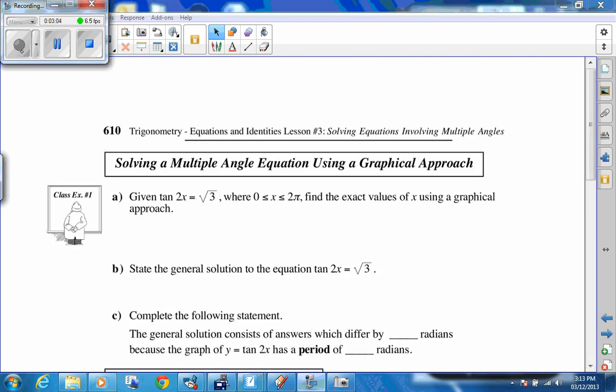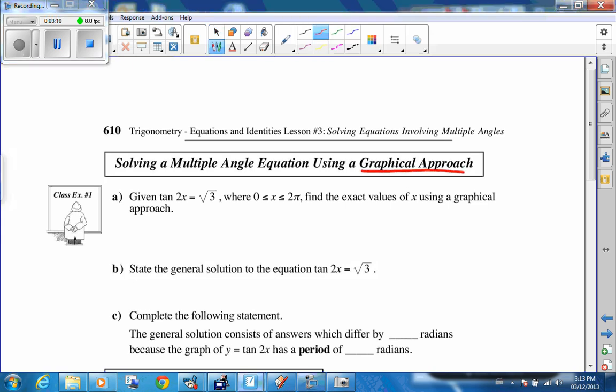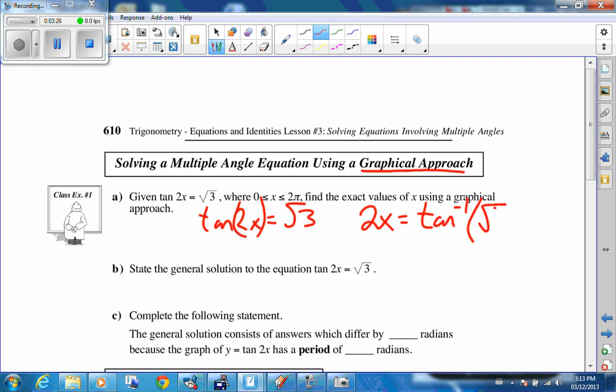And here, on this next example, I have now tan of 2x. It still wants to do it graphically, but we're going to skip that. We're just going to move straight into algebraically because it's easier. So if tan of 2x equals √3, I basically have to undo this. So I say 2x equals tan⁻¹ of √3.